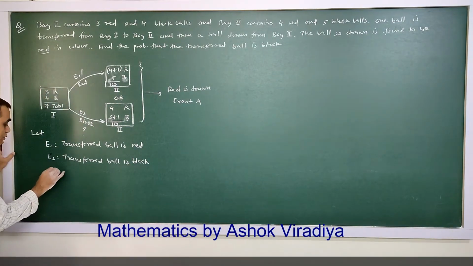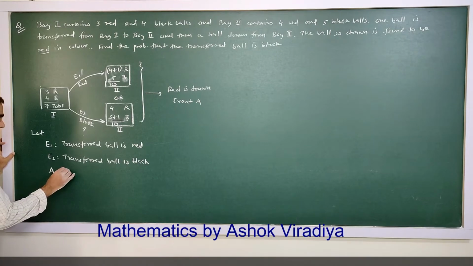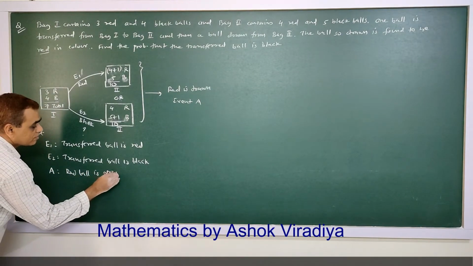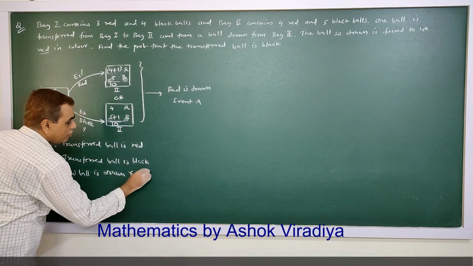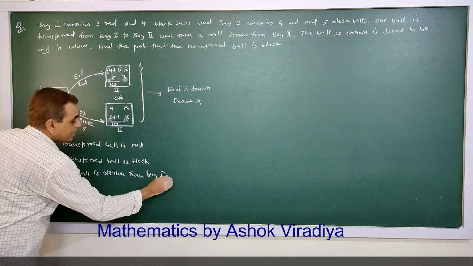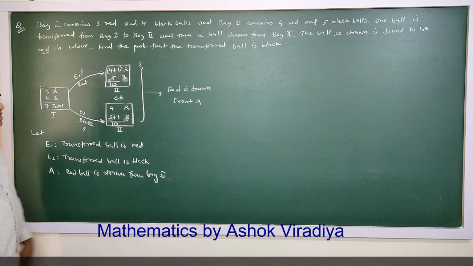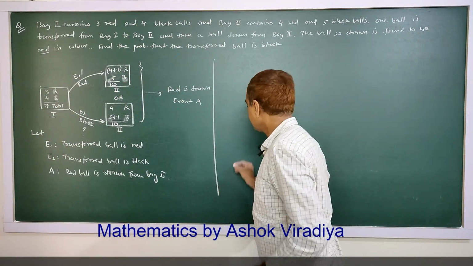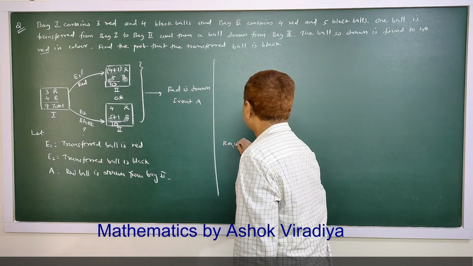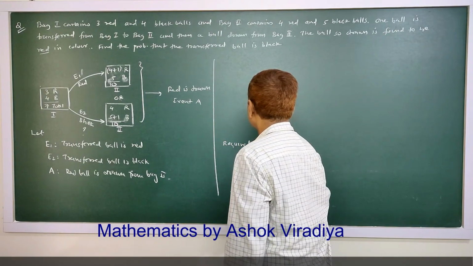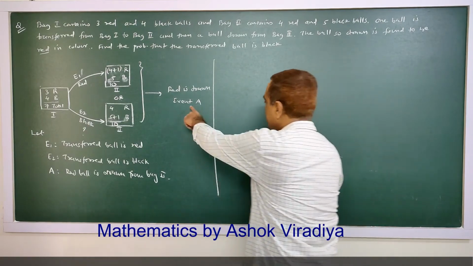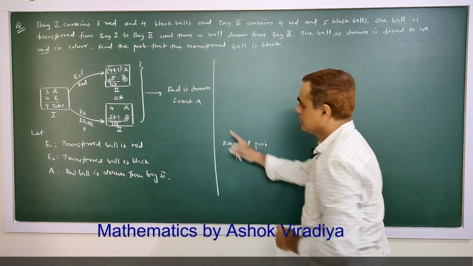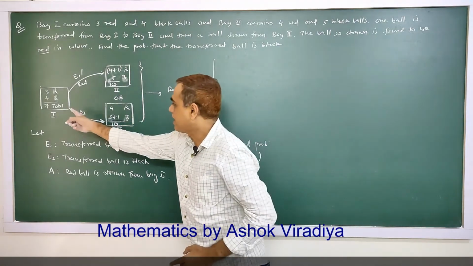And A is the event that a red ball is drawn from bag 2. Now this event is given. So the required probability is, if this is given, then what is the probability that black is transferred?